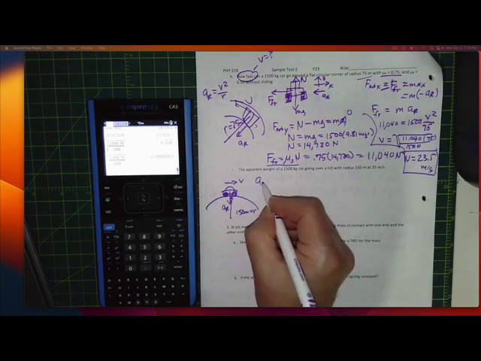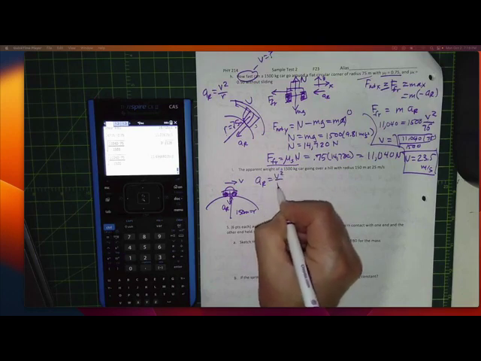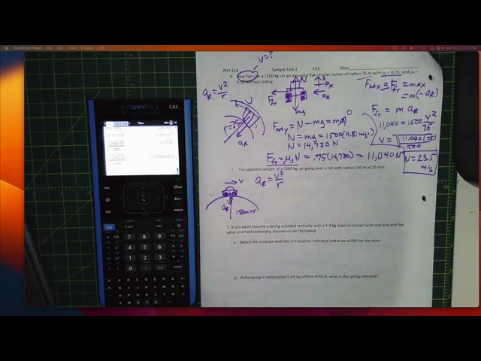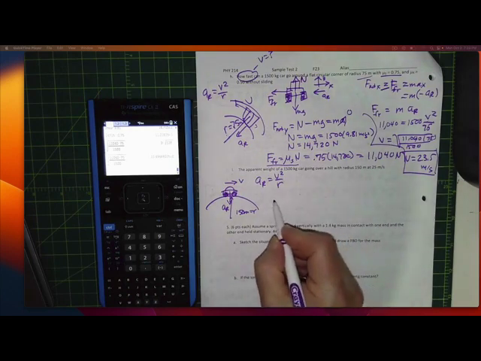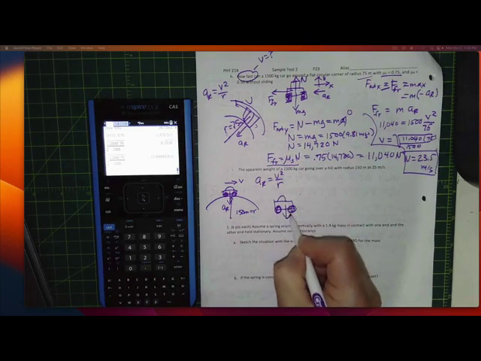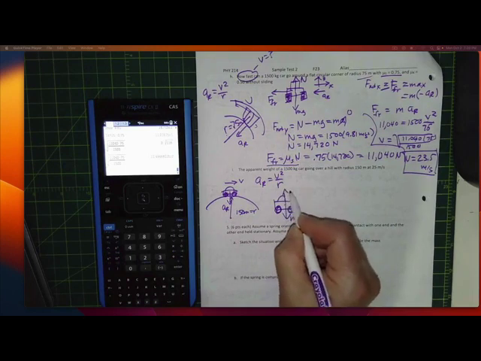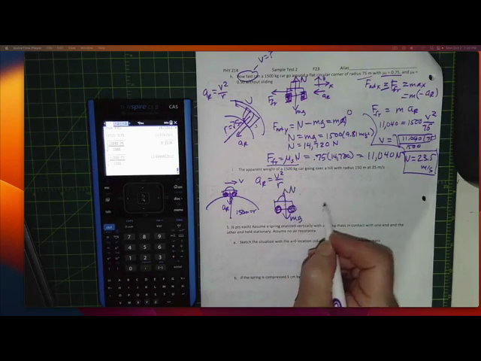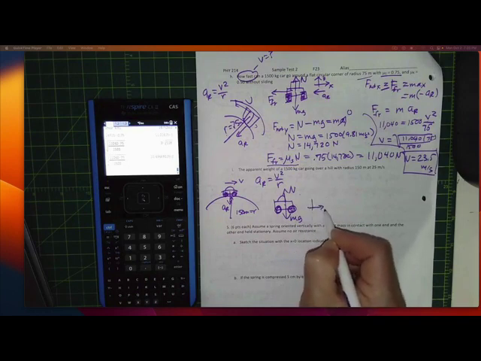Again, a sub r is v squared over r. We need a free body diagram too. So we've got mg and N, and that's pretty much it.